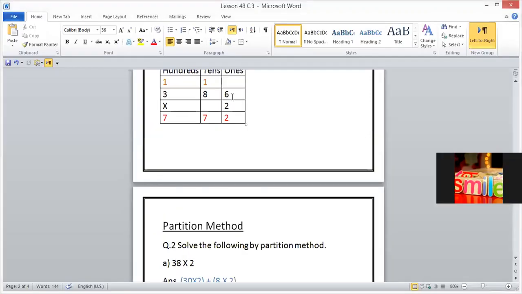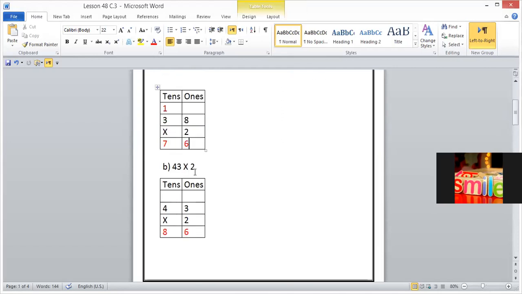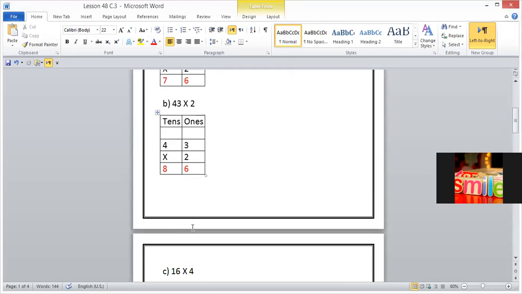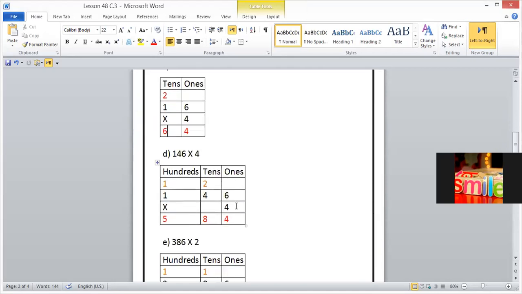So in the last class, guys, we did some questions related to this. 38 multiplied by 2: 2 by 8 is 16, 6 here, 1 you regroup, 2 by 3 is 6, in 6 you add 1, that's 76. 43 by 2: 2 by 3 is 6, 2 by 4 is 8. 16 multiplied by 4: 4 by 6 is 24, 4 here, 2 you regroup, and 4 by 1 is 4, 4 plus 2 is 6, so 64. 146 by 4: 4 by 6 is 24, 4 here, 2 you regroup.